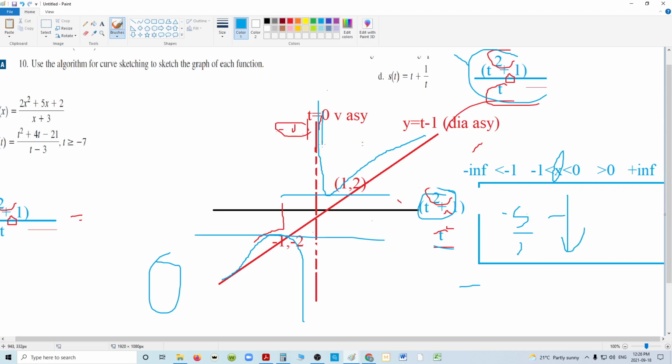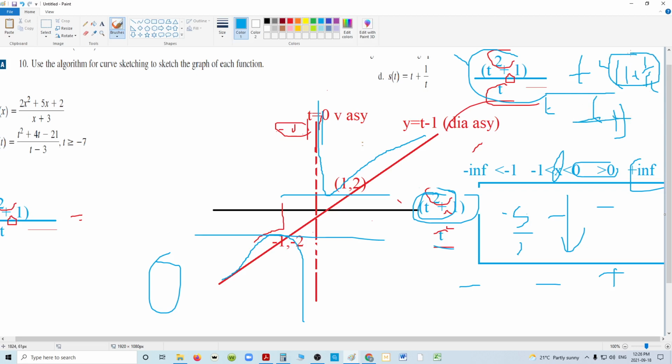Slightly bigger than 0, I've already discovered it's positive, and you just put it into here. And then positive infinity, this becomes infinity squared. To take positive infinity, you factor out the t squared, you get 1 plus 1 over t squared. So it's clear that this doesn't matter. This becomes just 1 as infinity gets huge. And you get infinity squared divided by infinity, which is infinity.